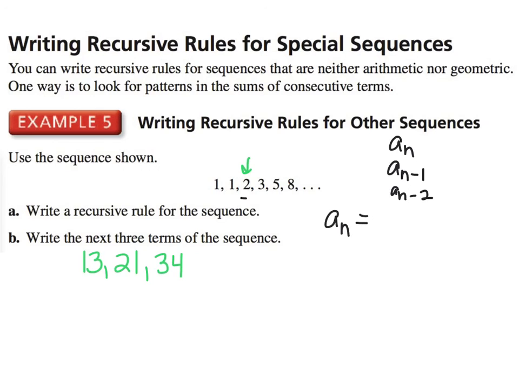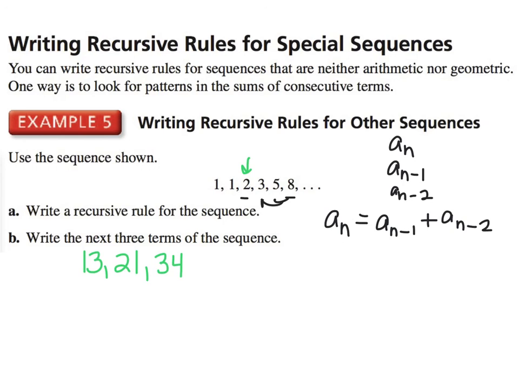So anytime you pick a number, you have to pick the two terms before it and add them together. So I could do a sub n minus 1 plus a sub n minus 2. What does this mean? This means you take the number before this one and the number before that one and add them together. So we take the two numbers and add them together before the current number we need to find.